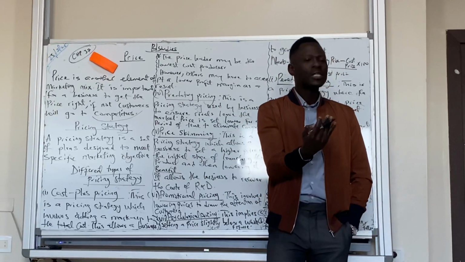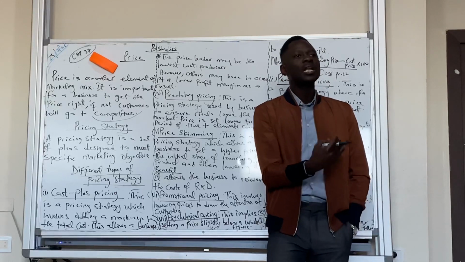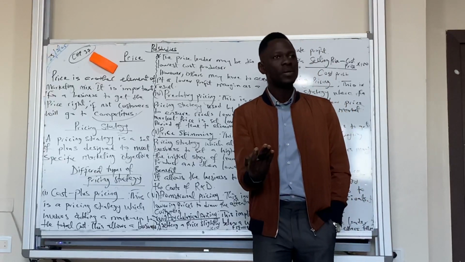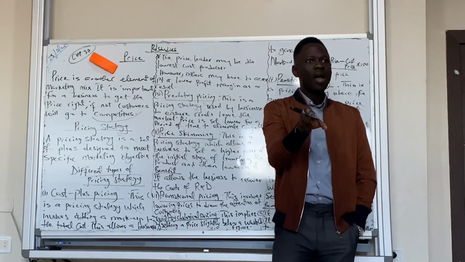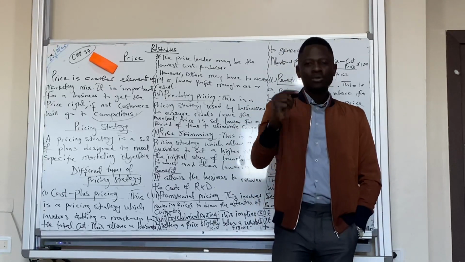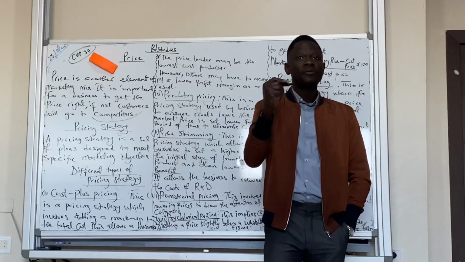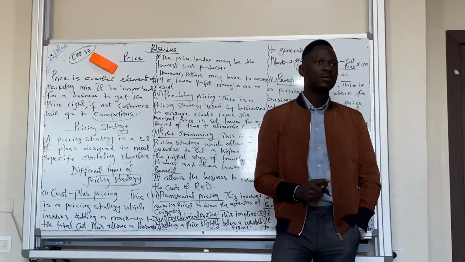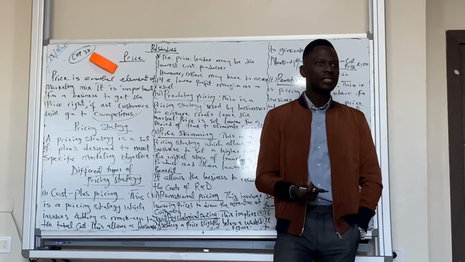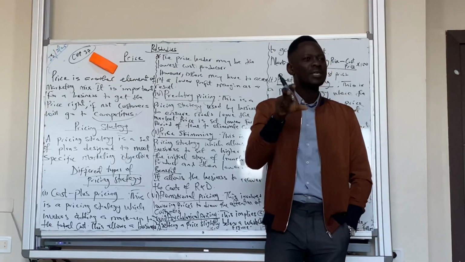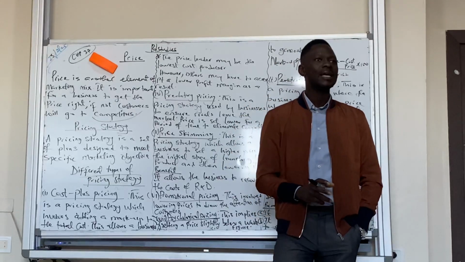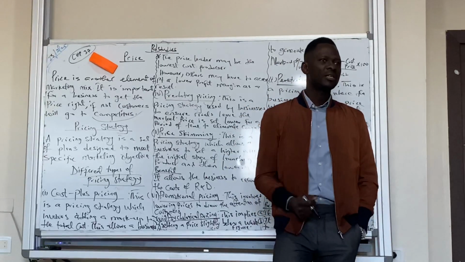So what is the gain for those businesses that put a lot of effort in research and development if they don't have a patent? A patent is the right you have that allows you to sell as long as possible before others can be able to sell. Do we understand? So skimming is simply about being able to recover your research and development cost as a business. And it's about quality.